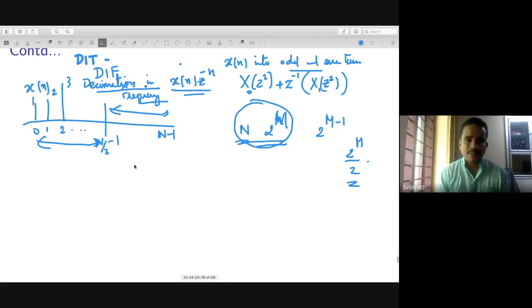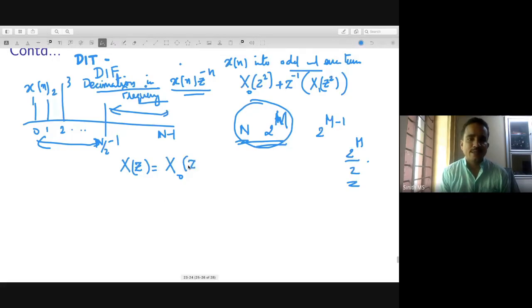So how will you represent it in terms of the Z transform? You take the Z transform of x[n]. Then this can be written as: you take the first N by 2 terms, which start from 0 to N by 2 minus 1. Let it have a Z transform X0(z).